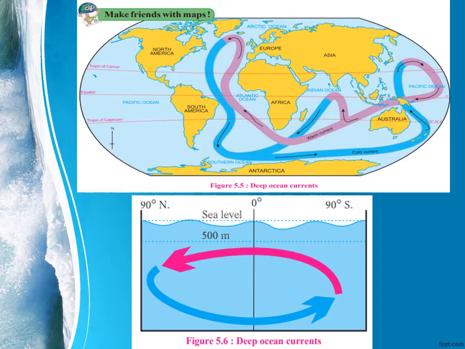These two sections warm up and become less dense as they travel northward toward the equator, and so they rise to the surface, that is upwelling. They then loop back southward and westward to the South Atlantic, eventually returning to the North Atlantic where the cycle begins.